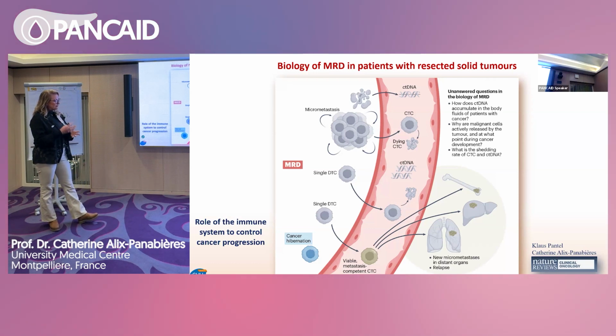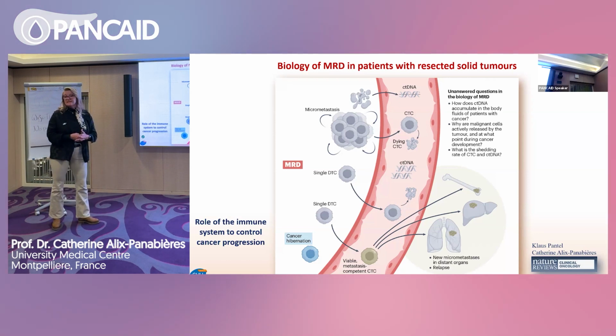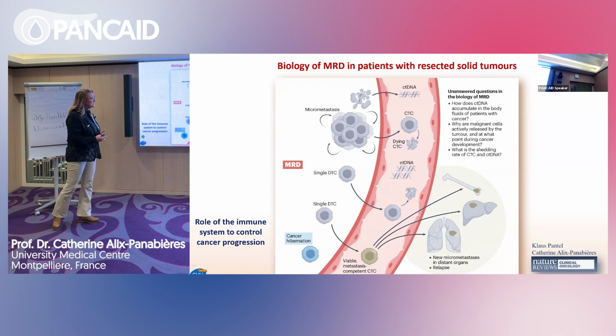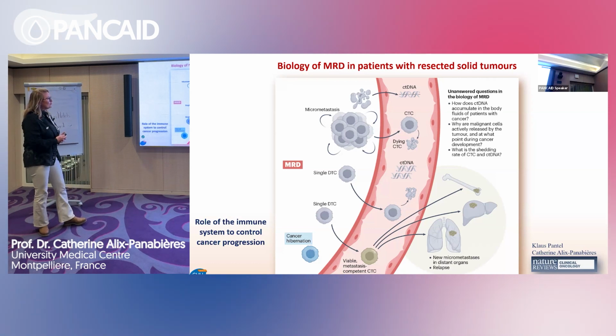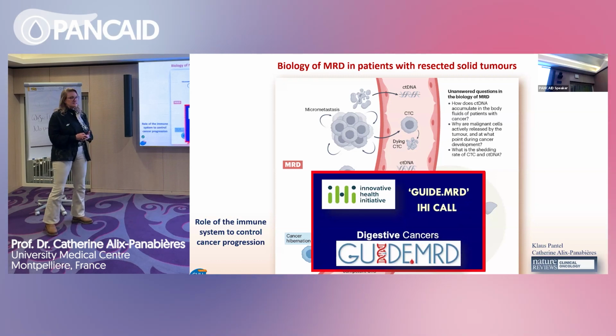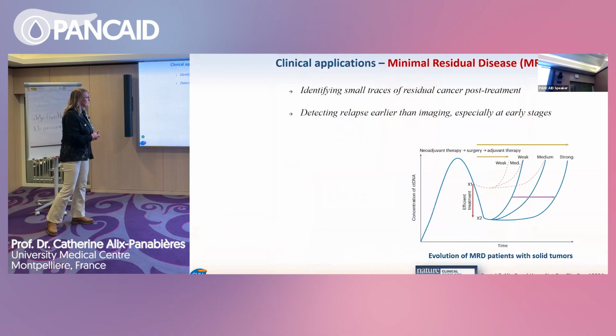And also during our last meeting in Harrow with Carol Lees, we also questioned what is the shedding of CTCs and ctDNA and the clearance, because then you may have, of course, at the end, something that you don't see anymore, or maybe that is now visible. So that's why it's really important, again, to go back to the biology of what is going on for the cancer dormancy. And Klaus mentioned, of course, that he's leading this very important guide MRD consortium with Klaus Andersen.